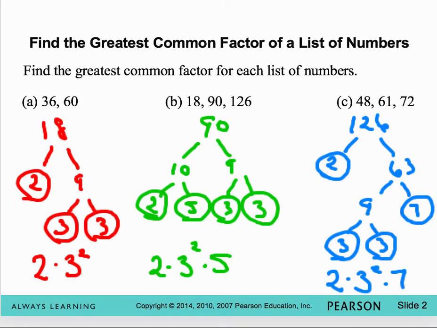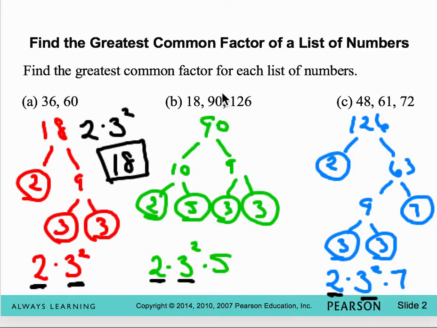Now if I want what they have in common, oh look, they all have a 2. They all have one 2. And they all have a 3 squared. They don't all have a 5 or a 7, so this is 2 times 9. 18 is the greatest common factor between 18, 90, and 126.